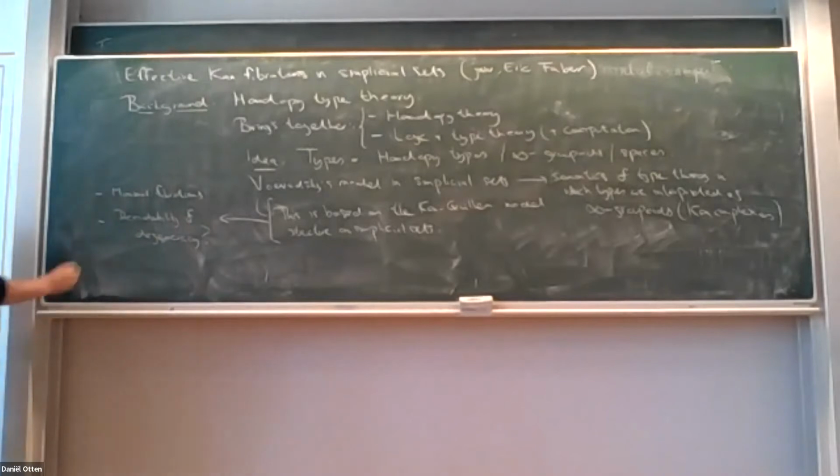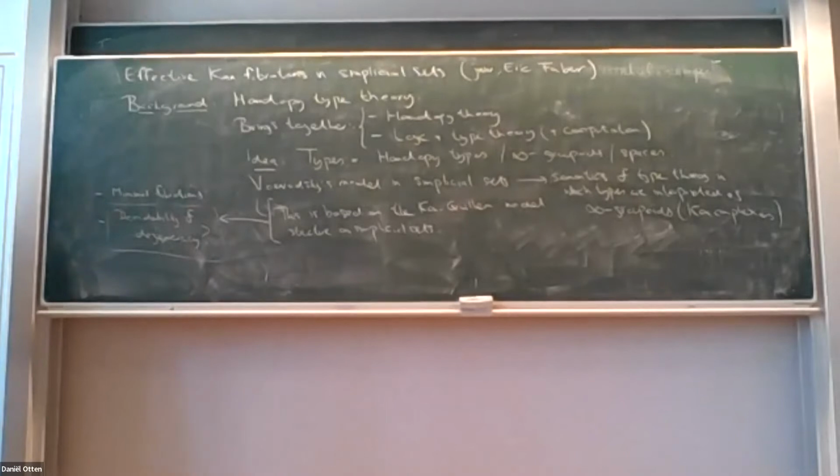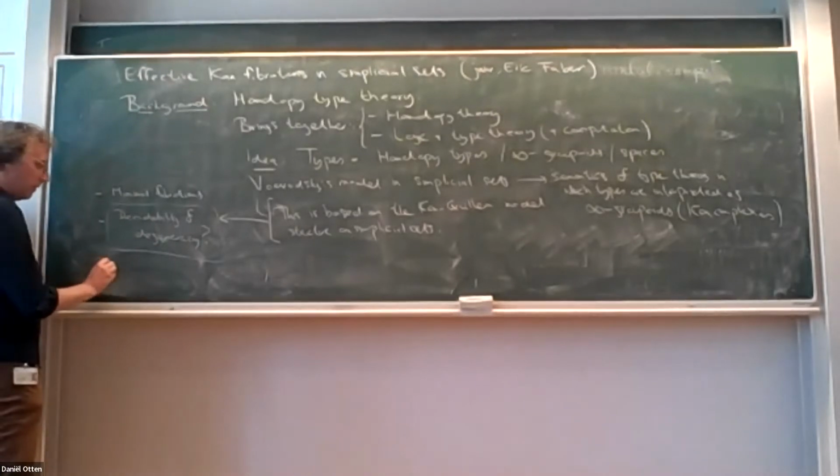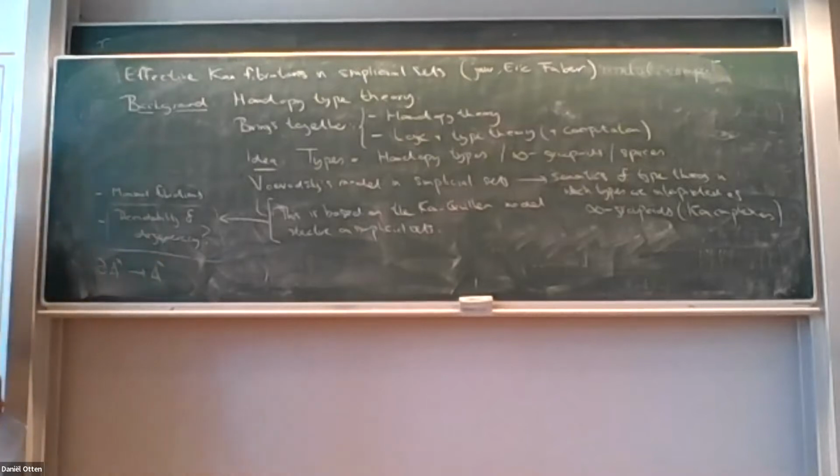So for instance, textbooks create the impression that simultaneously every object is cofibrant, and at the same time we have the generating cofibrations being given by these boundary inclusions, and constructively this combination of things is problematic.